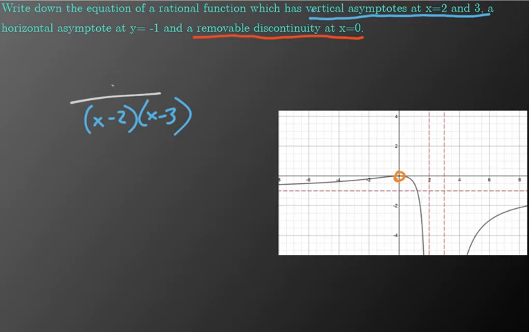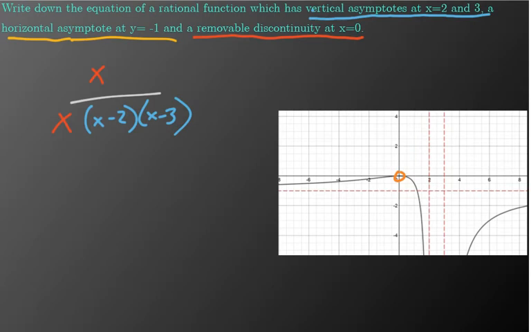So what you could do is put an x here and an x here, and since those would cancel out, those factor out, and then at the spot x equals 0, you're getting that 0 over 0 thing. That is exactly what it means to have a removable discontinuity. So then the only other thing I'm missing is a horizontal asymptote at y equals -1.